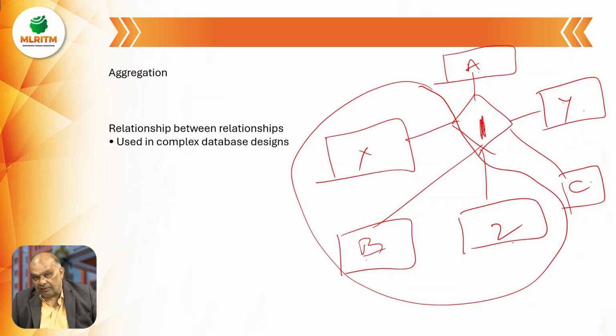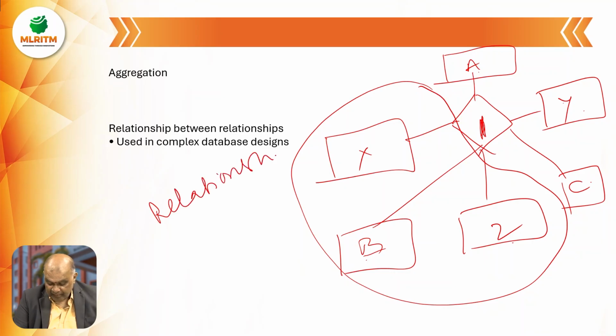relation name is 1. So this combines the aggregation. So aggregation here we will write like this. We will write the relationship name. Relationship name is 1.